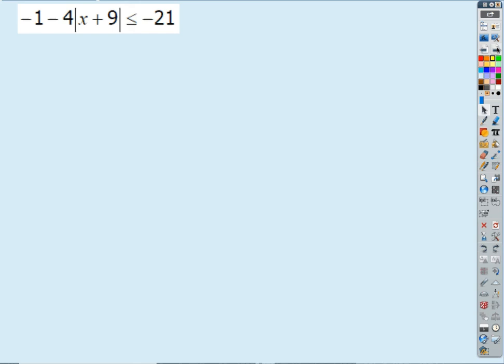So what are the two steps in order to isolate the absolute value? Add 1, then divide by 1. So those guys cancel.